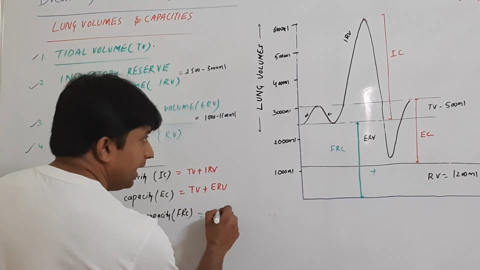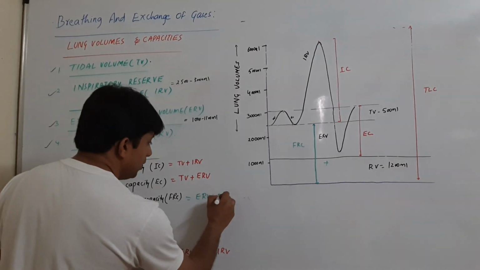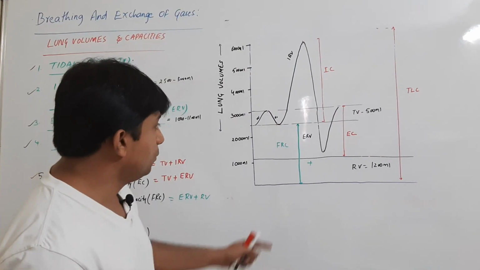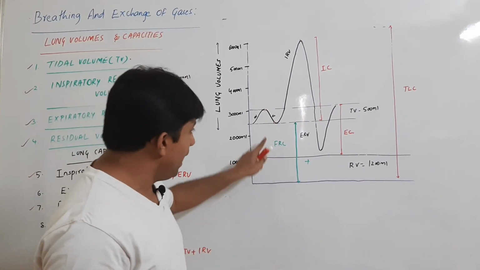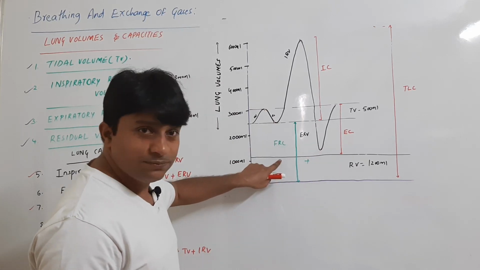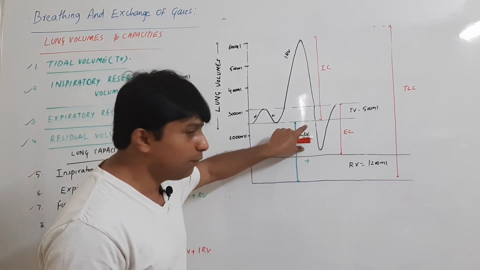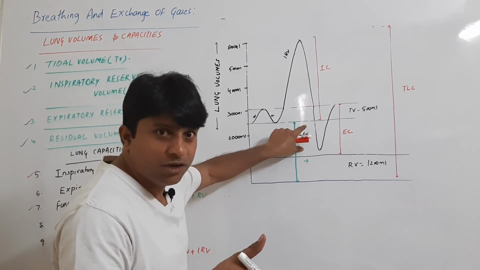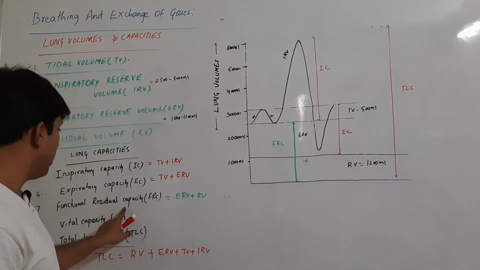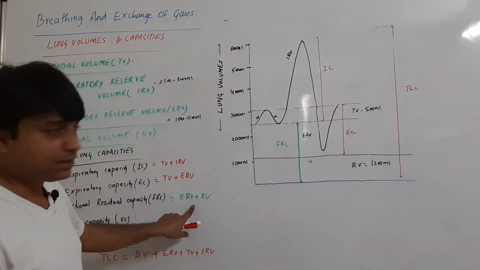So why is this functional? Among this residual volume, some amount of it, that is ERV, expiratory reserve volume, is functional. Some amount of it is functional, so it's called functional residual capacity.